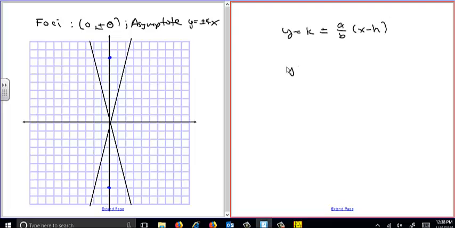Well, in our case, k is 0 and h is 0, so we get plus or minus a over b times x. So what we know is a over b, and a goes with the y direction. So a over b is 4.